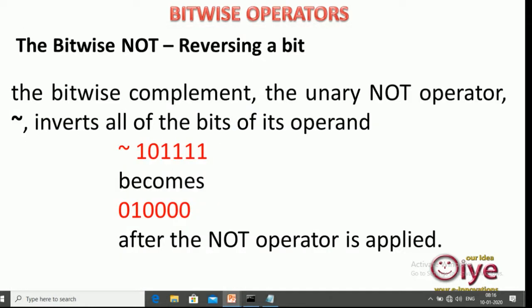The first we will see is bitwise not. The bitwise not is to reverse a bits. It is also called bitwise complement, the unary not operator, and it uses the tilde symbol.